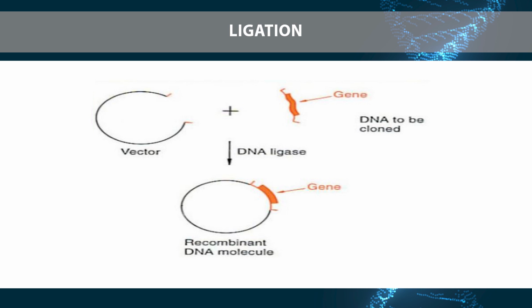When it is combined with a gene of interest in the presence of DNA ligase, we obtain a recombinant DNA molecule. Basically, this gene of interest is joined or ligated into the nick of the vector molecule to produce recombinant DNA or rDNA.